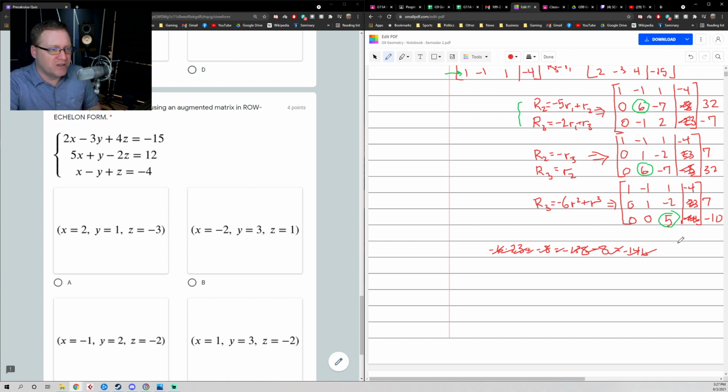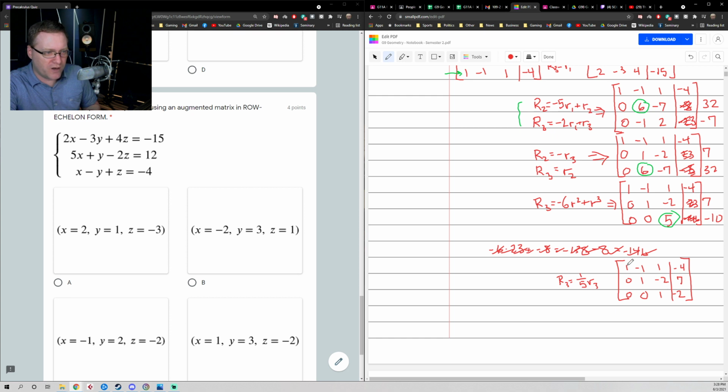So row 3 is going to equal 1/5 times old row 3, which gives us 1, -1, 1, -4, 0, 1, -2, 7. And then 0, 0, 1/5 times 5 is 1, 1/5 times -10 is -2. And that's our final row echelon form matrix.